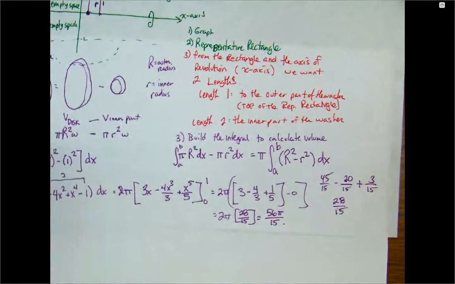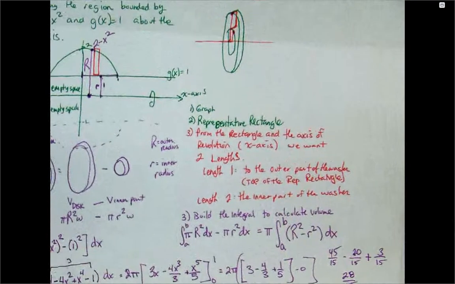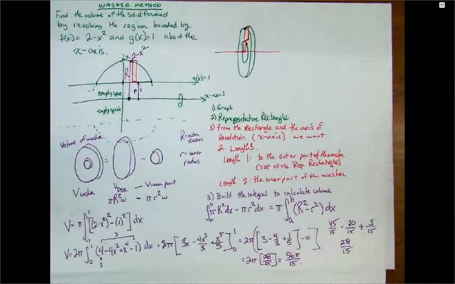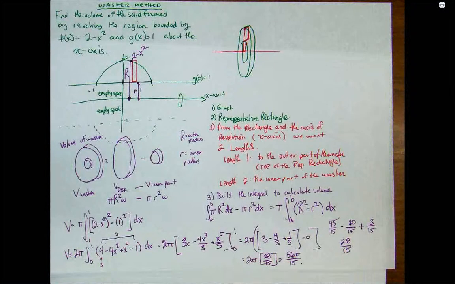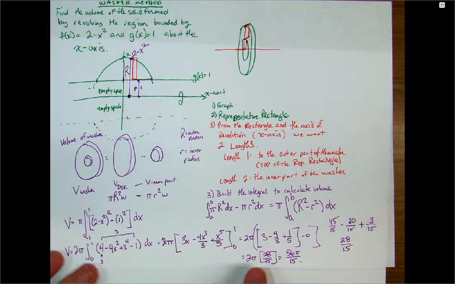Now the washer is, like I said, it's not too much different than the disk method. The only thing is you have to punch out that hole. And that's where you get the outer radius minus the inner radius. So if you want one big integral, here's what the integral will look like for a washer.